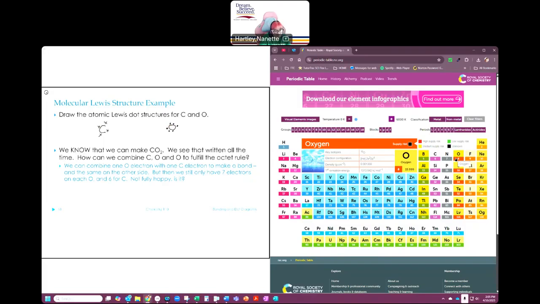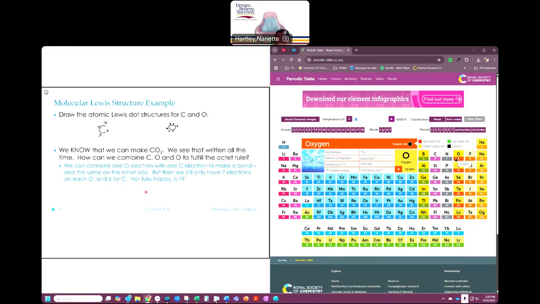I've written that a bunch of times. I can also have C and O in a number of different ways. So how can I combine C, O, and O to fulfill the octet rule? I can combine 1 O electron and 1 C electron to make a bond, and the same on the other side, right? So how might that look?